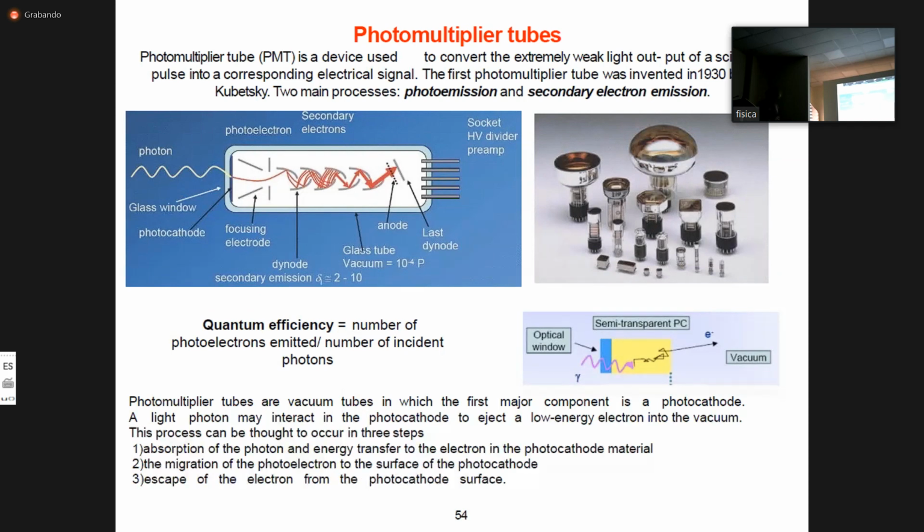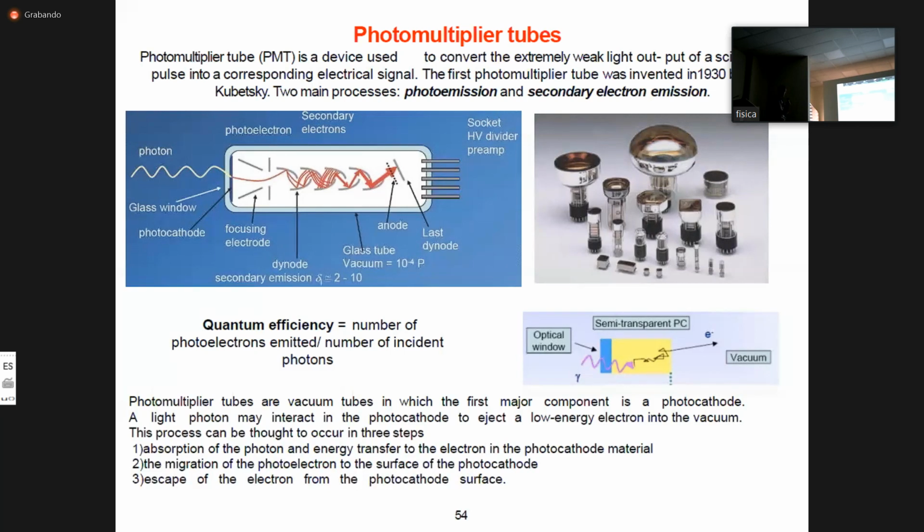And one of the most important parameters of the photomultiplier tube is called the quantum efficiency, because not all initial photons go to electrons, because there is also a probability. And on average, this number is from 20 to 30% quantum efficiency.